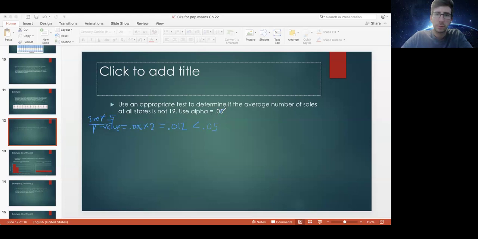But imagine we were told to use alpha 0.01, and this becomes greater than 0.01, right? So using that table, we would have only gotten 0.01, which exactly equals it.